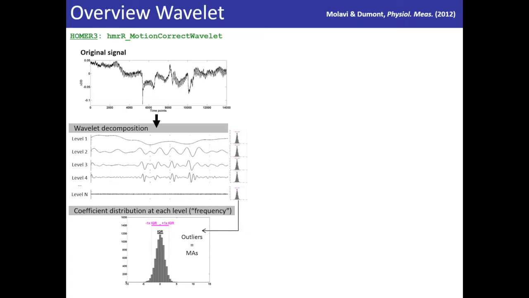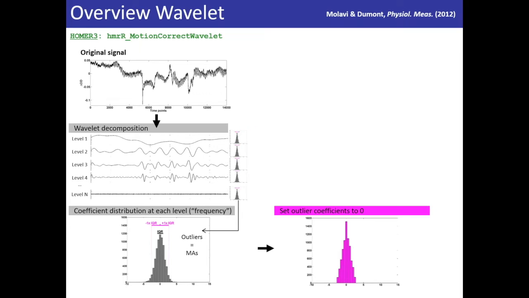And the coefficients in the regions beyond the interquartile range times a constant are assumed as outliers. So we remove the outliers or set the coefficients of the outliers to 0.